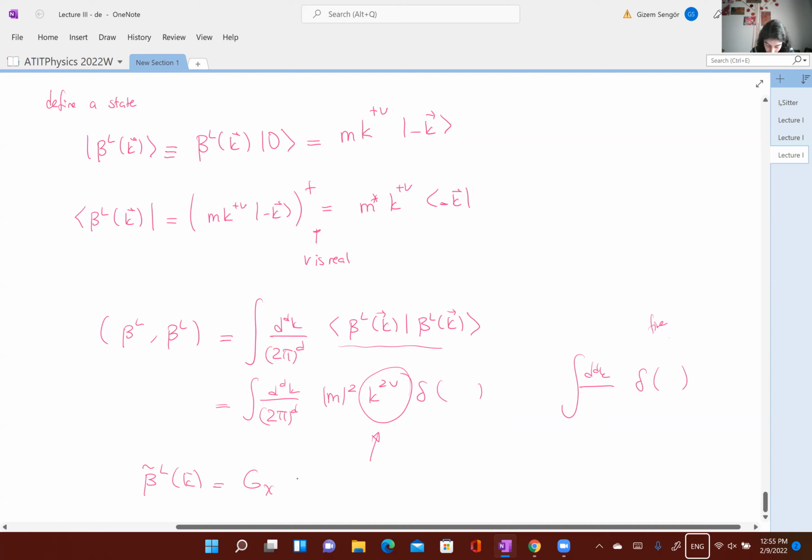So it will be G chi acting on B. And this G chi was, so this is C greater than 0. I have it written on paper. So for that, the well-defined operator is the G chi tilde 1. So this is just squared minus nu.